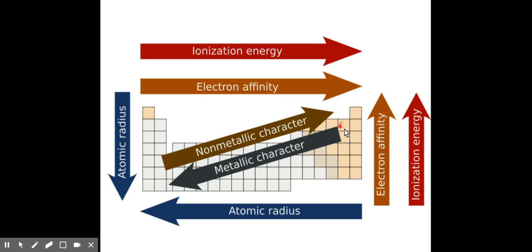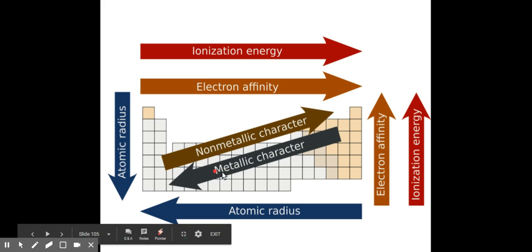So we just want to look at the representative elements. So this is fluorine over here in this corner. She's got the highest ionization energy and the highest electron affinity. Also, the metallic character could be a question that you have, and that also points down to francium. If you keep those reference points, that's a great way to remember.